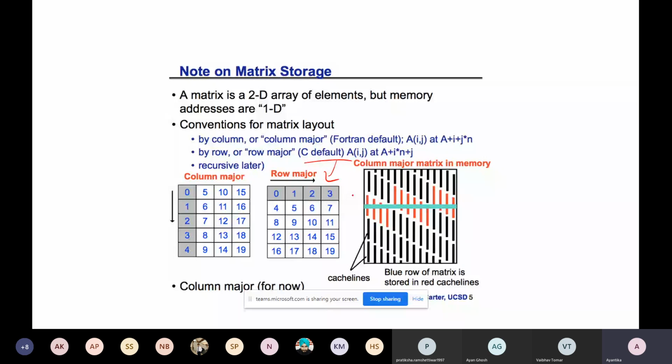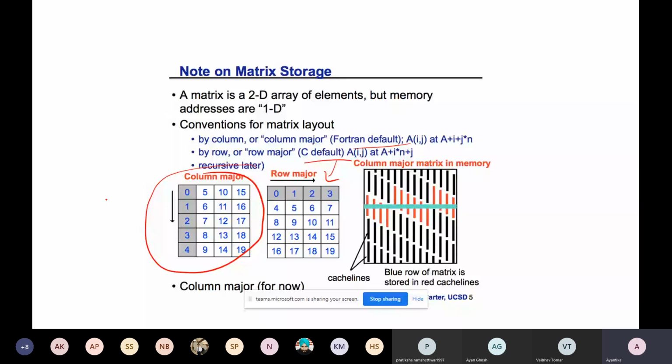In the case of Fortran and others, they store in column major manner. Whether you write your code in row major or column major manner, the performance you get is entirely dependent on which platform or backend you are using.